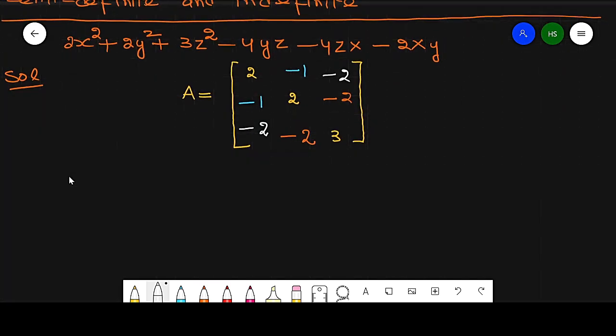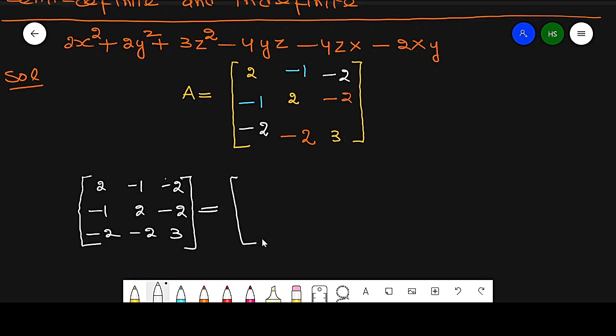Now that we have the corresponding matrix, we will reduce it into the canonical form. So again the same method, I write it as A, which is 2, minus 1, minus 2, minus 1, 2, minus 2, minus 2, minus 2 and 3, next to the identity matrix, 1, 0, 0, 0, 1, 0, 0, 0, 1.